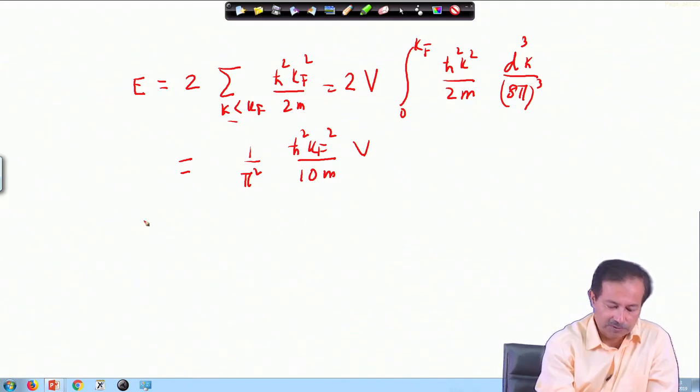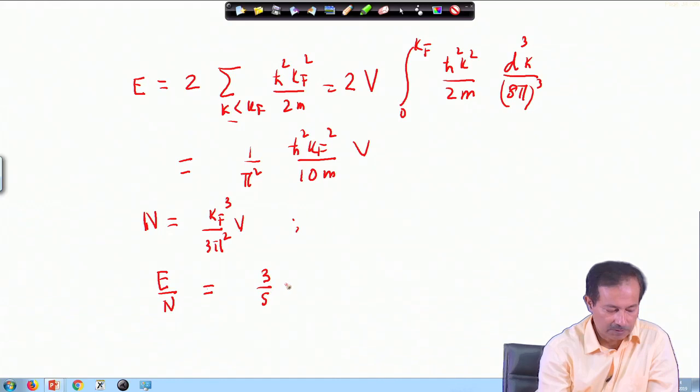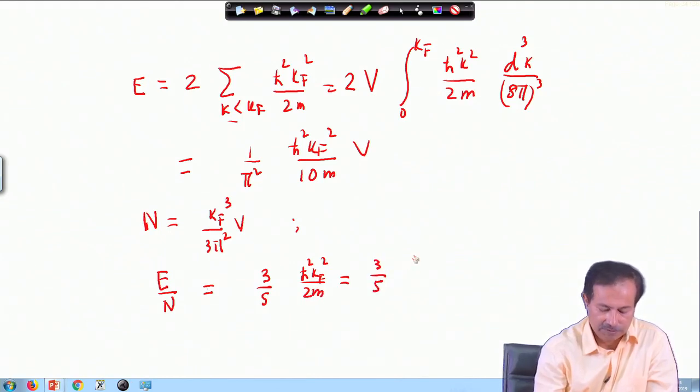Now, we also know that n is equal to k_F³ by 3π² into V, then it is easy to show that E by n from these two relations is equal to 3 by 5 ħ²k_F² by 2m, equal to 3 by 5 E_F.